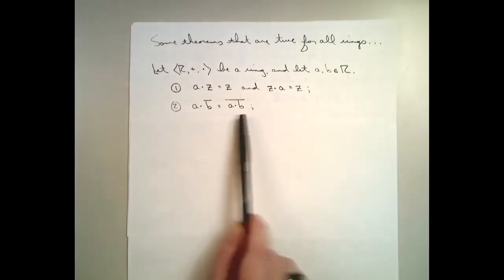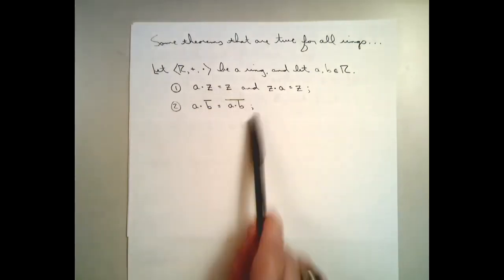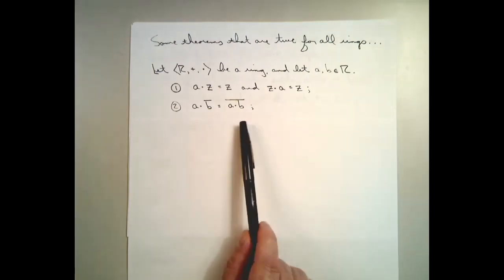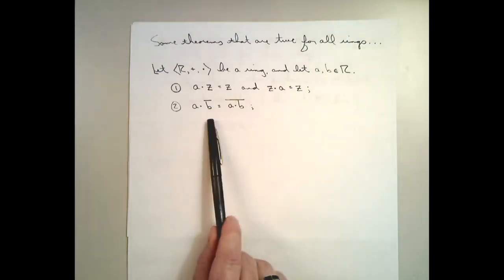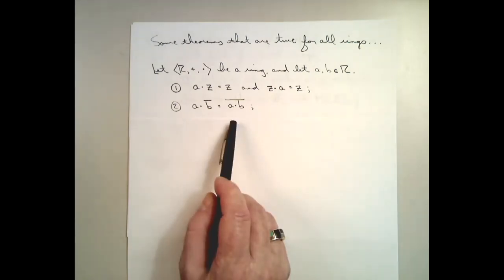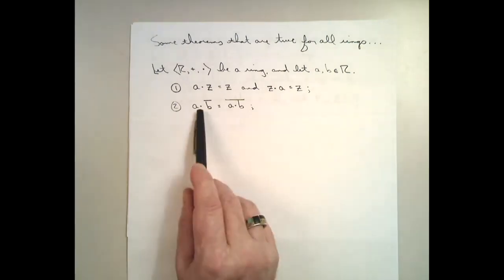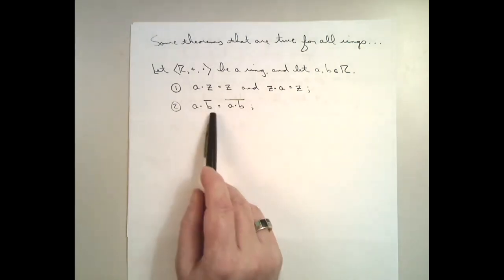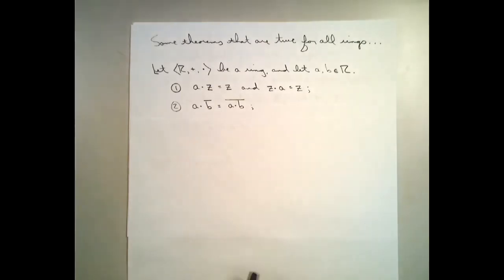This is what you've known since grade school as when you multiply by a negative, you get a negative. But it looks more substantive when it's written in this notation. Again, it's a statement that combines the notions of multiplication and addition, inasmuch as this is the additive inverse that we're multiplying by.